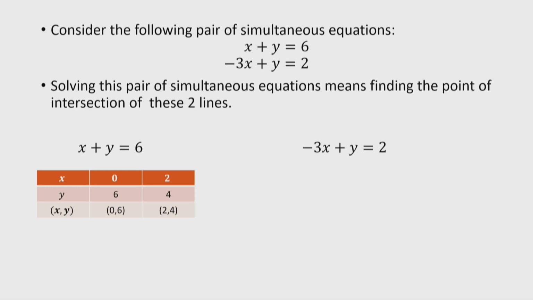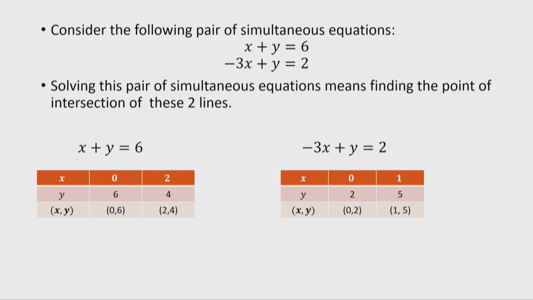Now, let us consider the line minus 3x plus y equal to 2. So here I have chosen x equal to 0 and I replace in the line minus 3x plus y equal to 2. So if x equal to 0, I will get minus 3 times 0, which will give me 0, plus y equal to 2. So this means that y will be equal to 2.